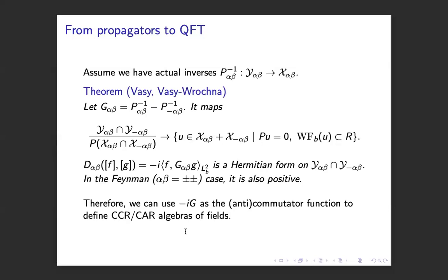It maps some space of test functions into some space of solutions, and it's going to be a Hermitian form on the space of test functions, so you can use it to define your commutation relations and to talk about quantum fields. I skipped over the details, but these function spaces are not just some random space.